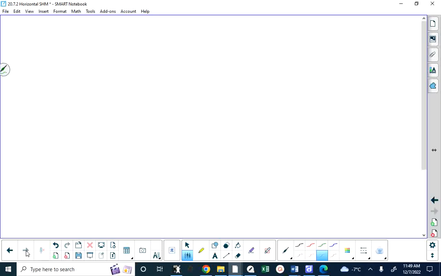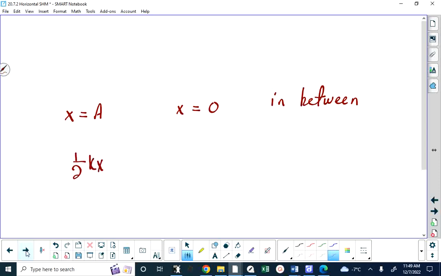In the end, what you're doing is you're saying that 1/2 kx squared at A is equal to 1/2 mv squared at 0, and it's equal to 1/2 kx squared plus 1/2 mv squared anywhere else. It's conservation of mechanical energy.